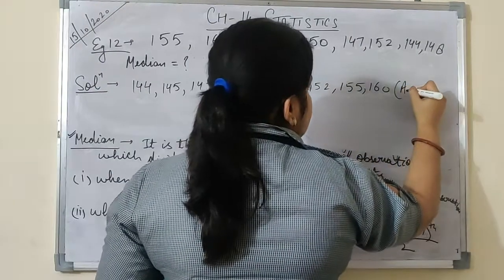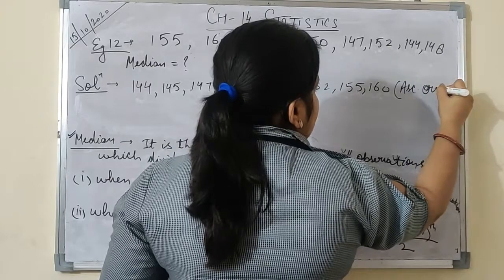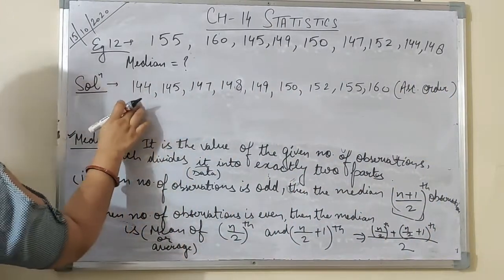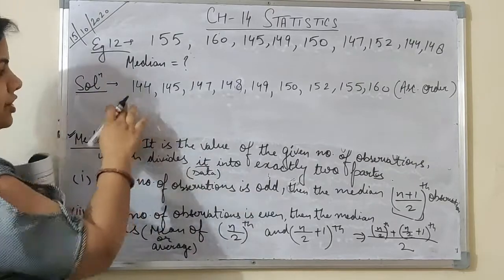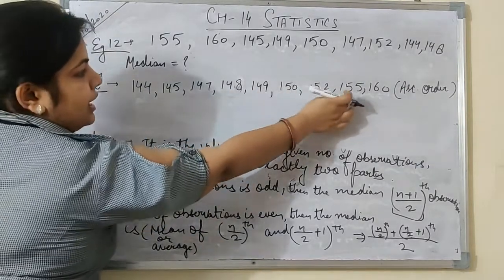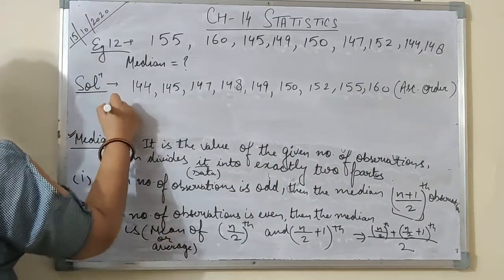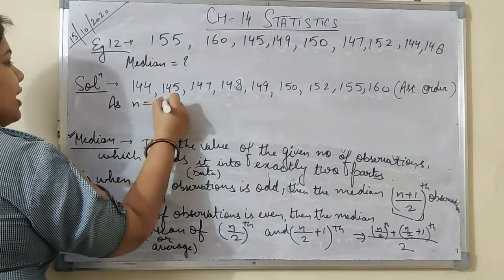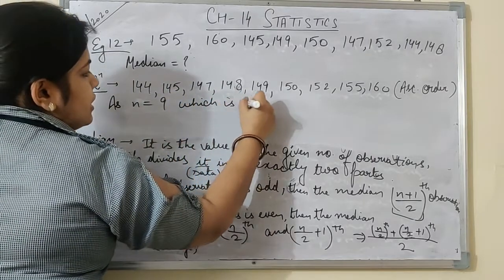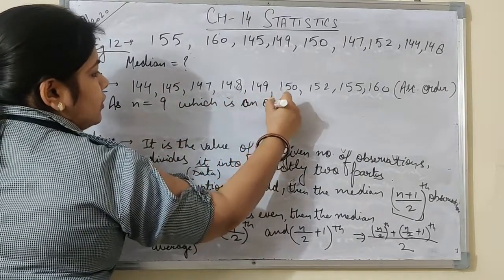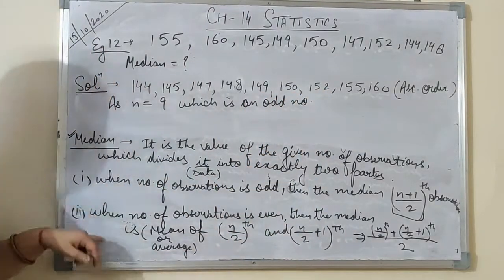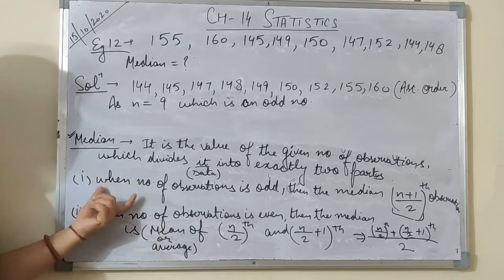After arranging it in ascending order, you will count the given observations: 1, 2, 3, 4, 5, 6, 7, 8, 9. So the value of n is 9, which is an odd number. As I have told you, there are two different formulas for odd and even.